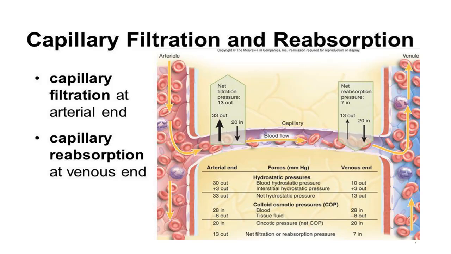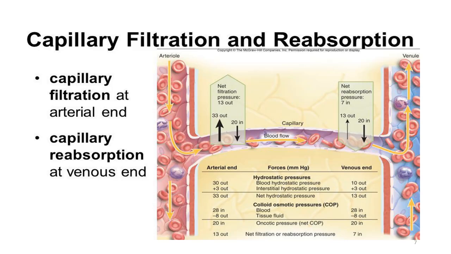So for summation, in all of the capillaries in our body, at the arterial end we have 16 milliliter exchange of fluid from the capillary into the interstitial fluid, and at the venous end we absorb 40 milliliter fluid from the interstitial fluid into the capillary.